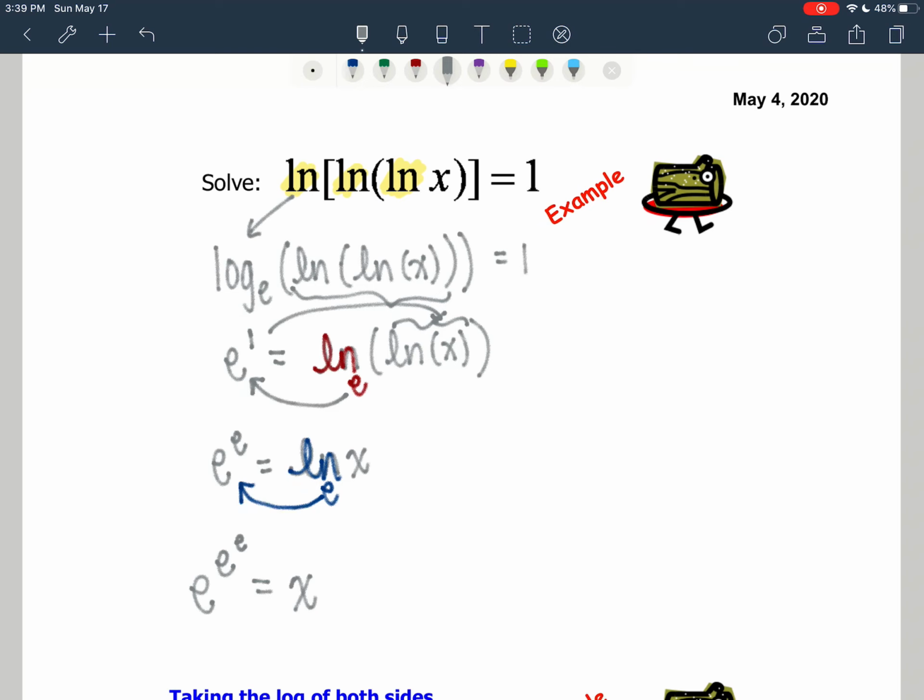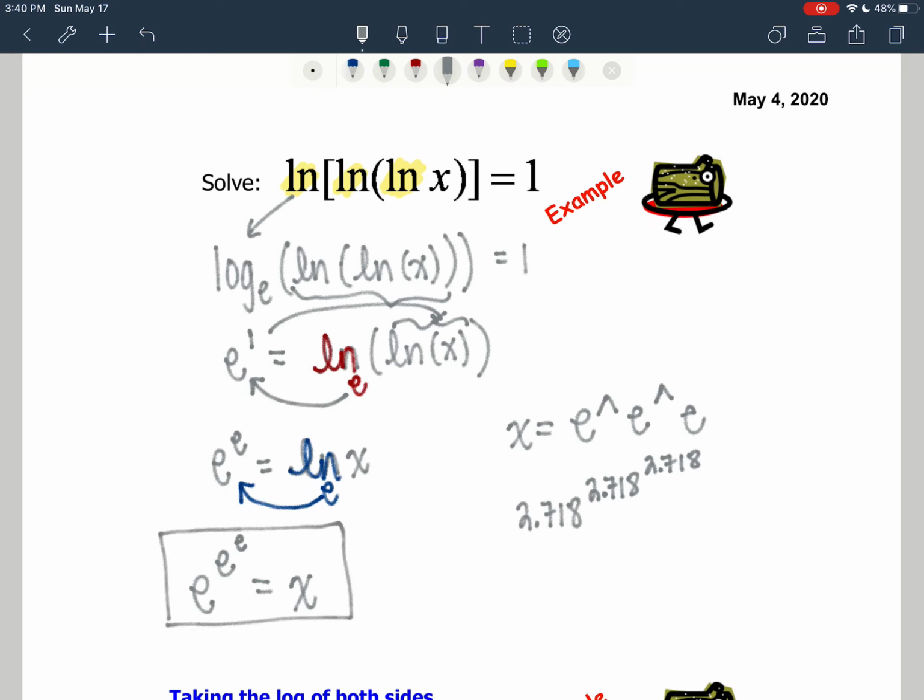So in our calculator, this looks a little strange. x is equal to e caret e caret e. If we put that into our calculator, e raised to the e power raised to the e power, we're going to have something like 2.718 raised to the 2.718 raised to the 2.718. So maybe that looks a little bit more comforting to you.